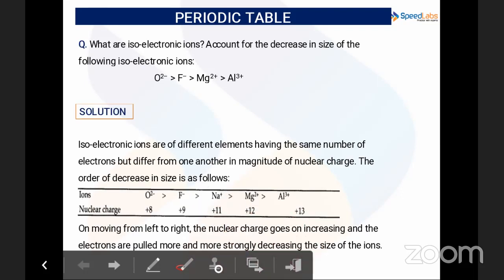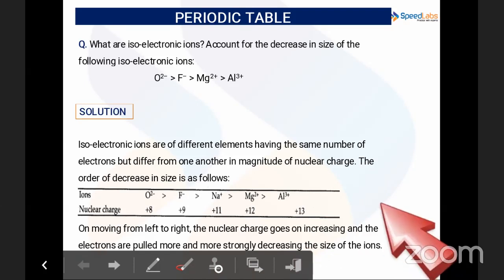The examples which they have given are oxygen ion, fluorine ion, sodium ion, magnesium ion, and the aluminum ion. If you see, on moving from left to right in the periodic table, the nuclear charge goes on increasing and the electrons are pulled more and more strongly, decreasing the size of the atoms.